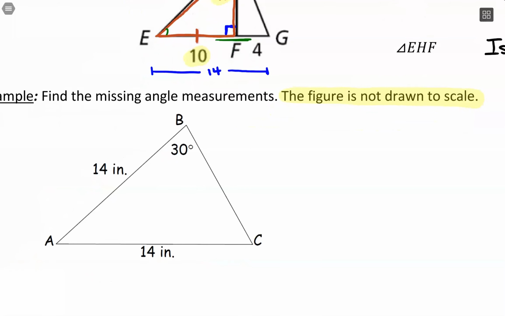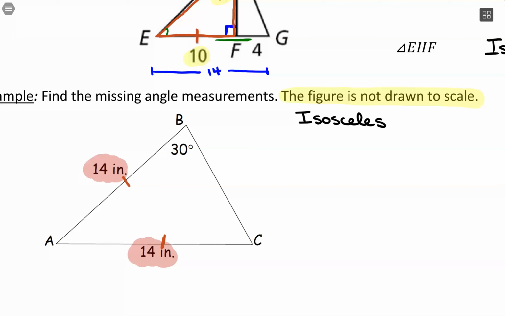With this, we can notice we have a side length of 14 inches and another side length of 14 inches, so these two sides are the same. They don't tell us anything about BC, so we assume it's a different side length; if it was the same, they would tell us. So we're going to use the fact that they're giving us an isosceles triangle, and what I want to find is the missing angle measurements.